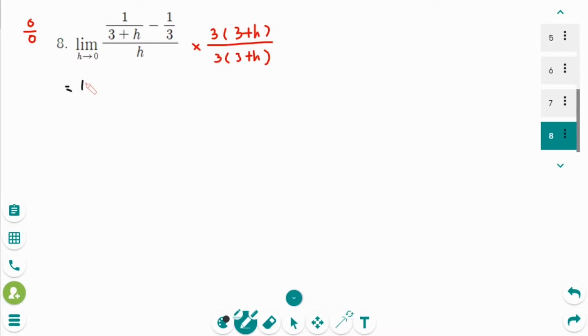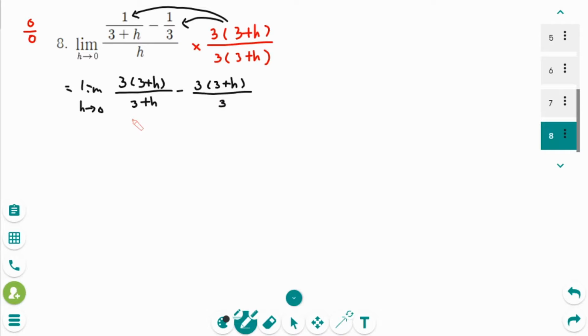Then expand the numerator, the first one, second one, over, but do not expand the denominator as it is already in the factored form.